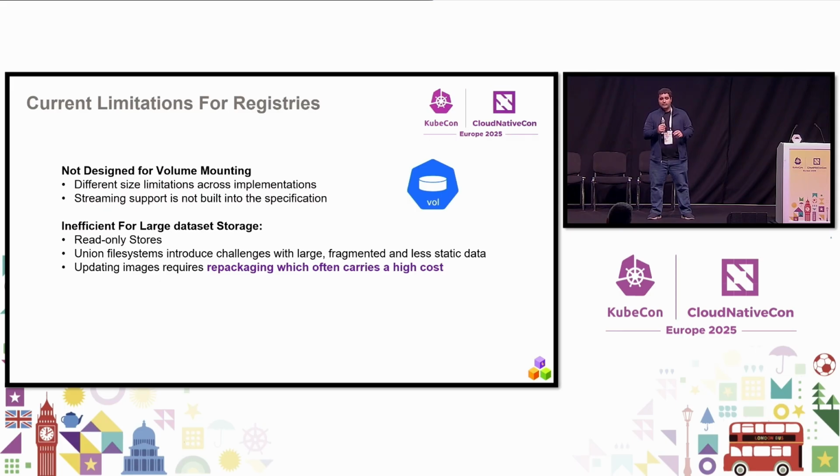the data inside of images that go into registries. OCI registries tend to store information using an overlay file system, which is a union file system that basically creates new layers every time you modify the data.